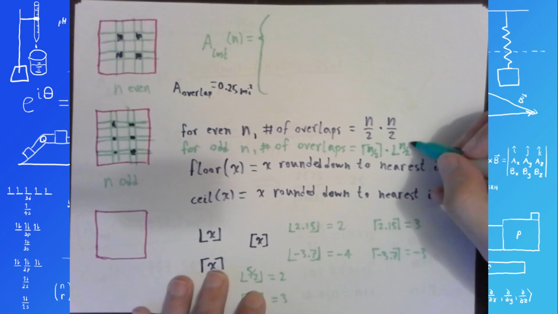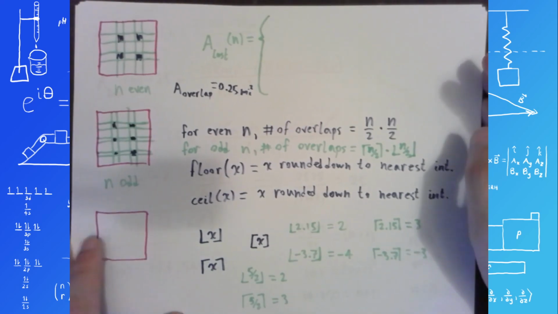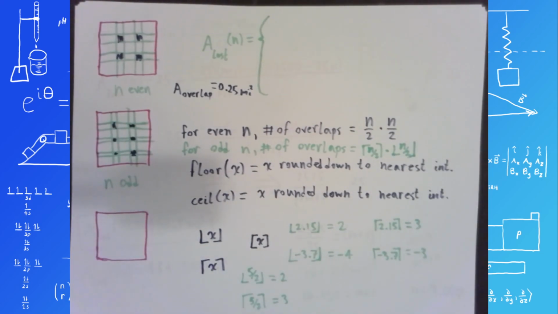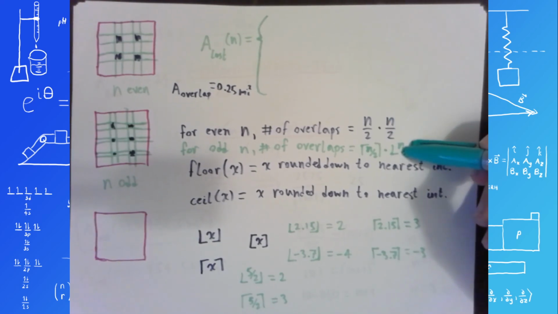It doesn't matter which order you multiply them in. 2 times 3 and 3 times 2 are the same. And I believe that is a pretty good definition for the number of overlaps in the even and odd cases.